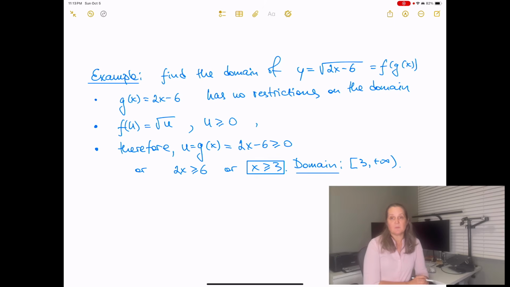The input has to be greater than or equal to 0. Therefore, as long as the input u is greater than or equal to 0, the values of x are allowed. Therefore, g of x equals 2x minus 6 has to be greater than or equal to 0. Solving this inequality, we determine that x must be greater than or equal to 3. Therefore, the domain is any real number starting from and including the value 3.